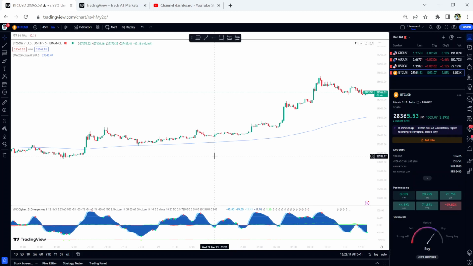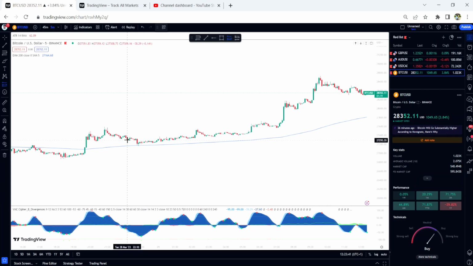As you guys can see, we have a breakthrough of the 200 moving average here. Then we're being given a signal right away. The signal was given here. This is the first signal here. The next thing you need to do now is to click on the buy. Once you click on the buy signal, we'll come straight here, and this is where it gave us the signal.